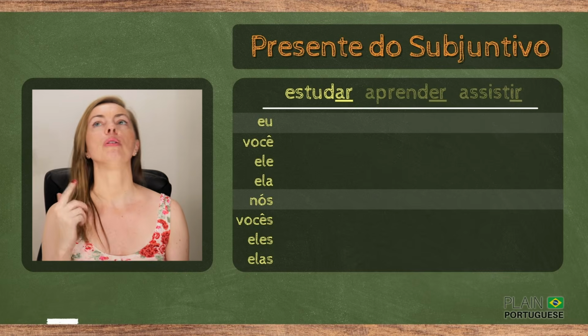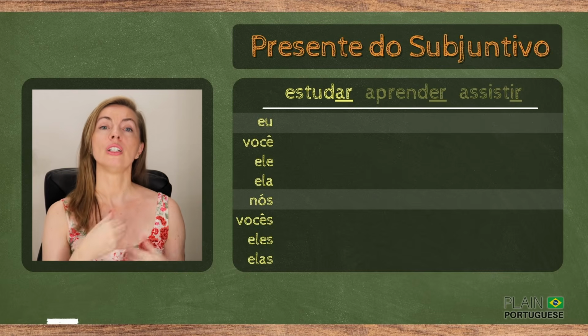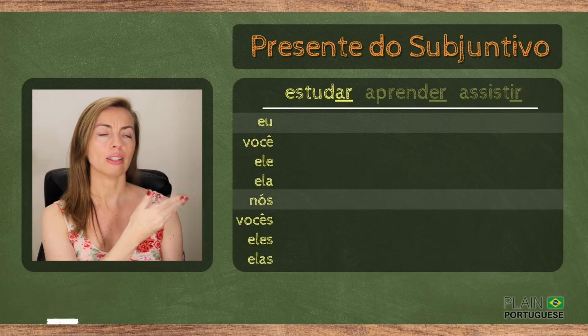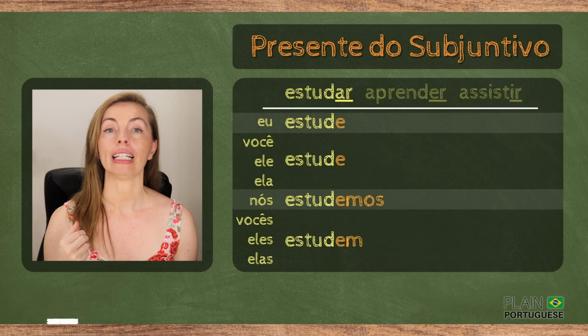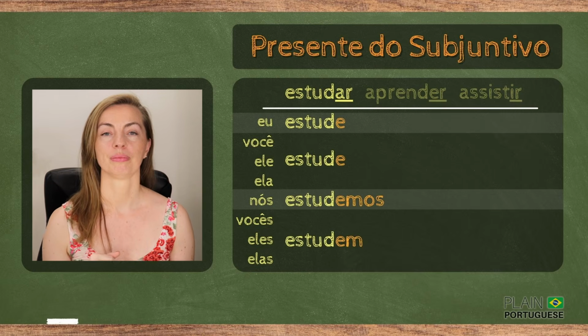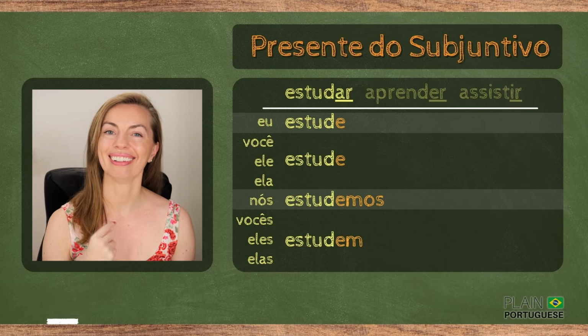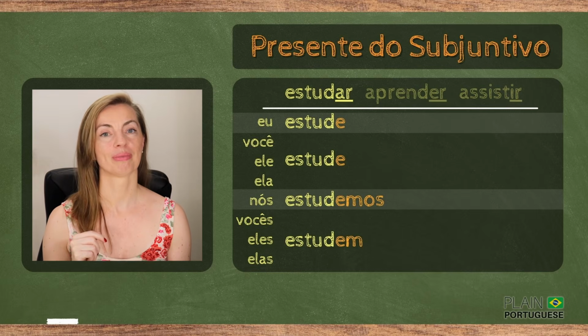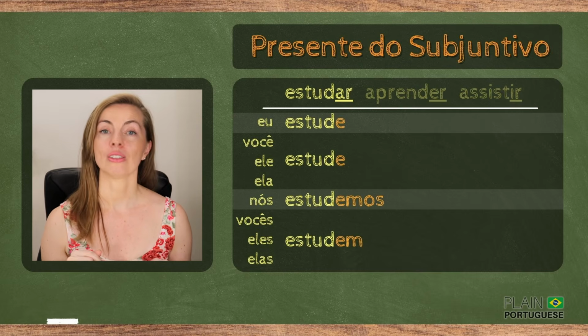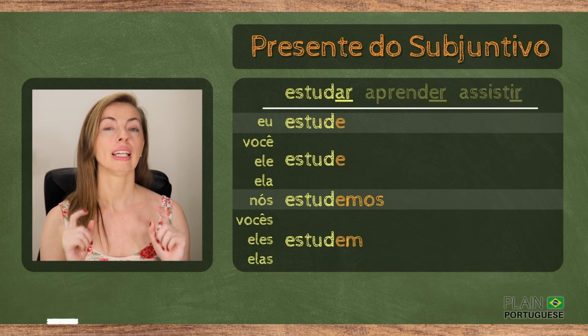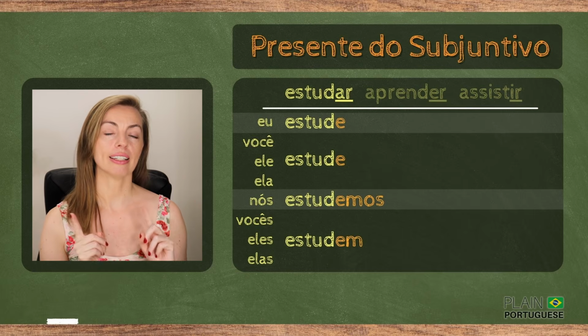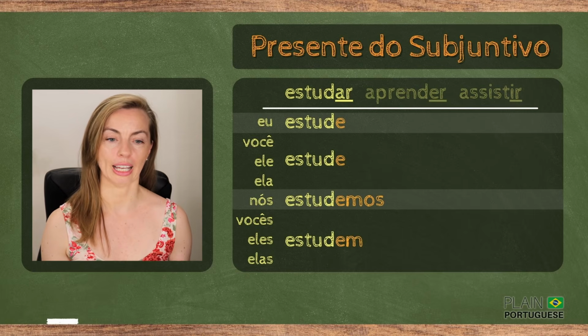Yeah? So then, estudar, the present indicative, eu estudo, drop the final O and add the corresponding endings. Que eu estude. Que você, que ele, que ela estude. Que nós estudemos. Que vocês, que eles, que elas estudem.